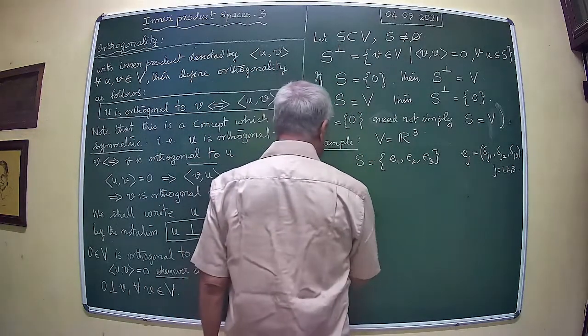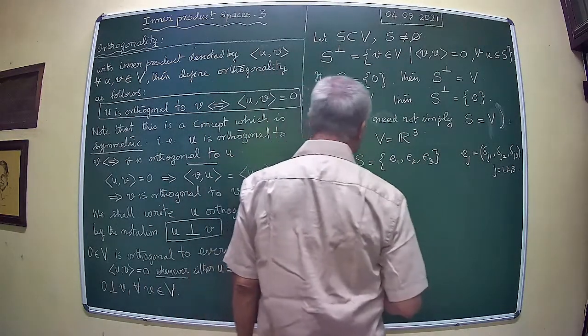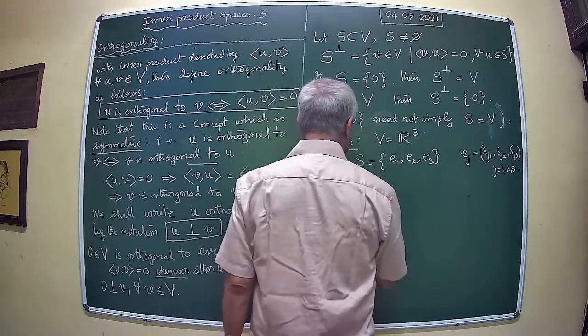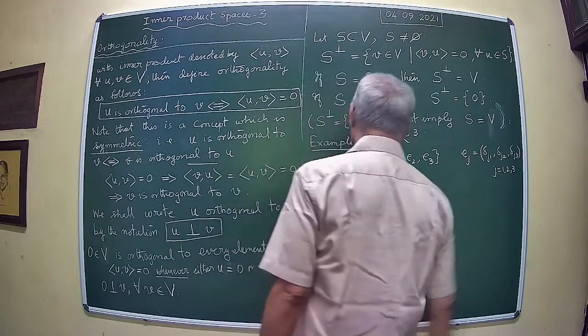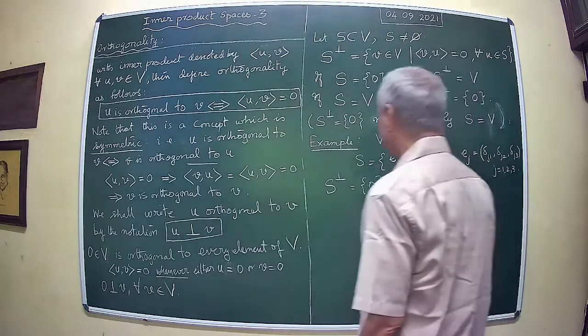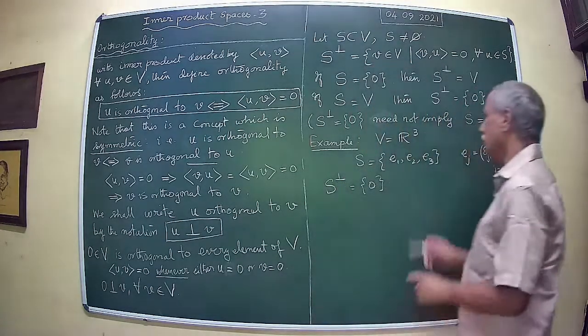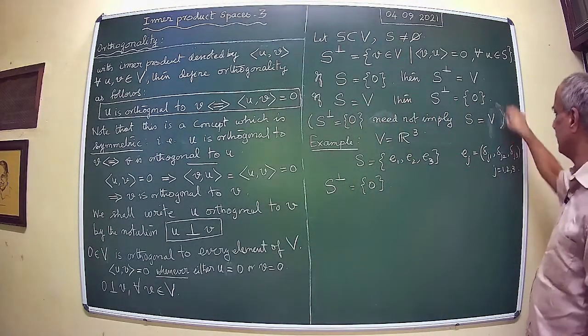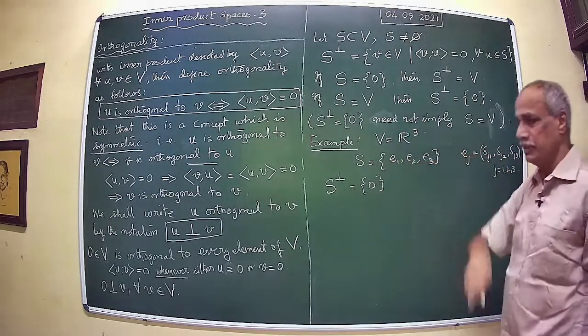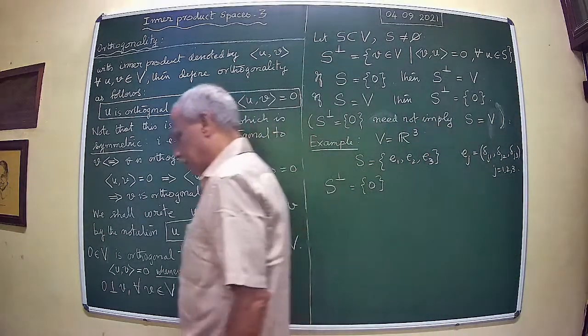Now you observe that S perp is 0. Now you verify that. So this statement is substantiated by this particular example.